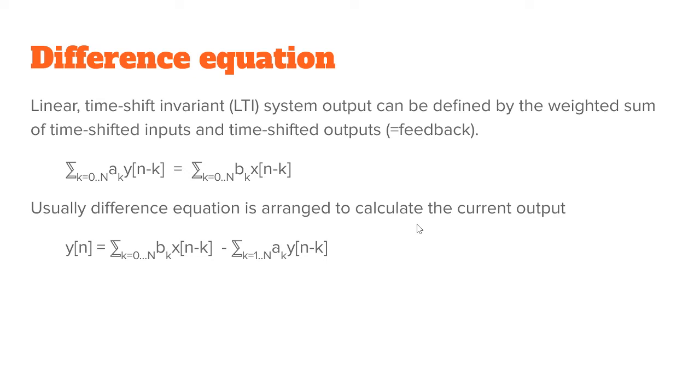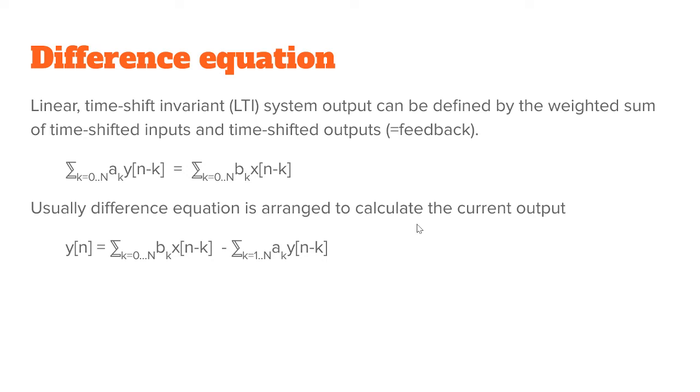Are they also causal? Well, only if you can use them as real-time systems. If it's post-processing only, then it's not a causal system. Stability of the LTI systems, we will have some tools for that later.